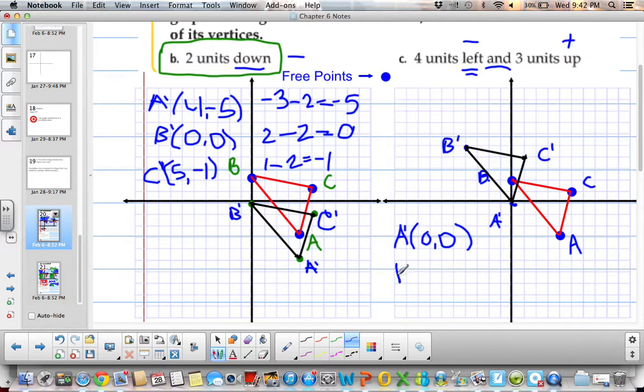B prime is now at 1, 2, 3, 4, and then 1, 2, 3, 4, 5. So -4 and up 5. C prime is over 1, 1, 2, 3, 4. C prime, 1, 4.